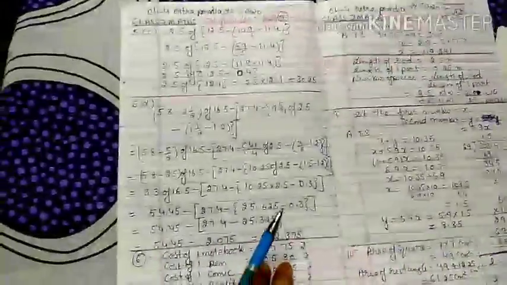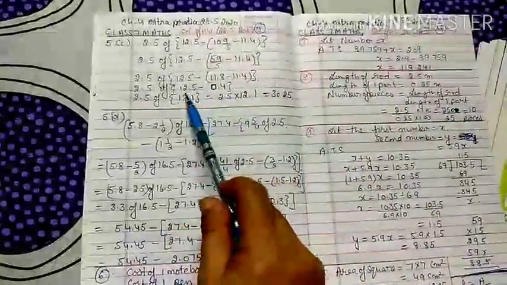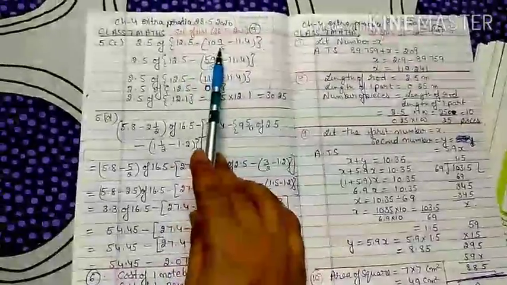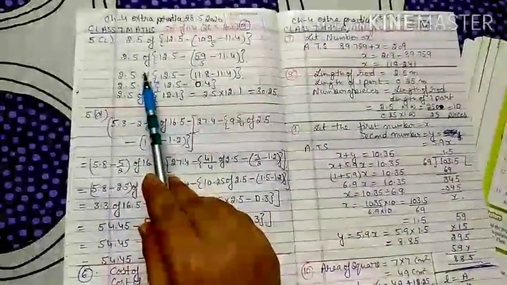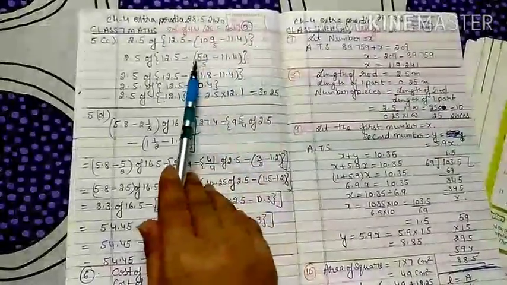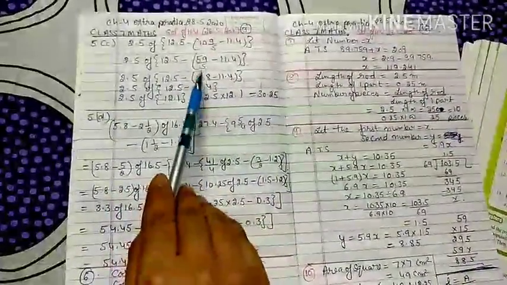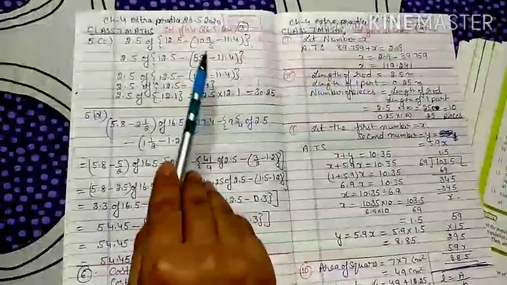Now fifth question, C part. In this, 2.5 of 12.5 minus 10 into 9 by 5 minus 11.4. 2.5 of, first you solve this bracket. 10 into 9 by 5 gives you 59 by 5, and when you divide 59 by 5 it gives you 11.8.